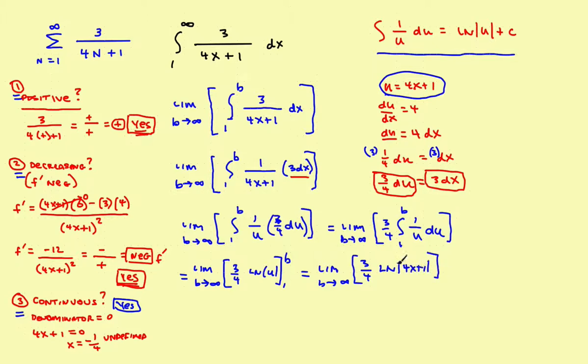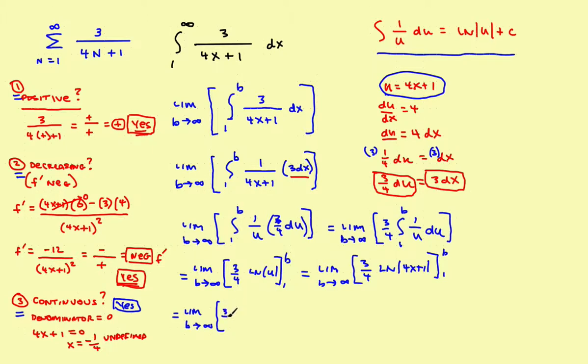Evaluated from 1 to b. So now it's just a matter of evaluating that. So I've got the limit as b approaches infinity of, and just take this thing evaluated at b minus this thing evaluated at 1.